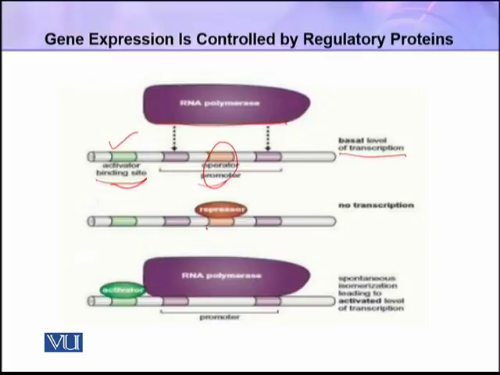So if a repressor binds to this operator region, no transcription takes place. And in the third case, an activator is bound at this activator binding site. It interacts with the RNA polymerase on the other side and transcription will take place.